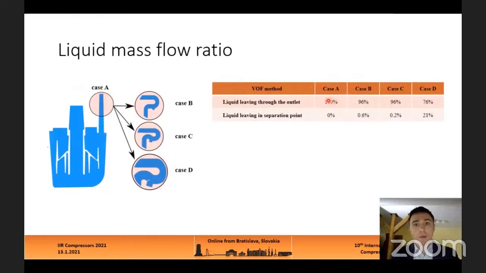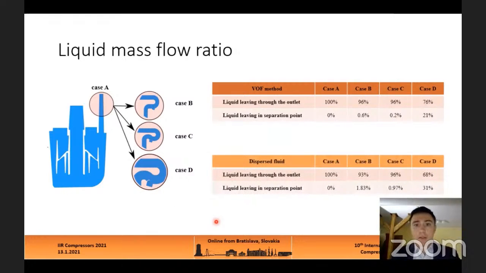So in case A, we see that 100% of the liquid is going out of the domain through the outlet because we don't have any separation point. Then for case B and case C, we see that the liquid separation efficiency is very low. So still we have most of the liquid going basically towards the cylinder. But in case D, we see some improvement in liquid separation, and let's say 20% of the liquid is separated before entering the suction muffler.